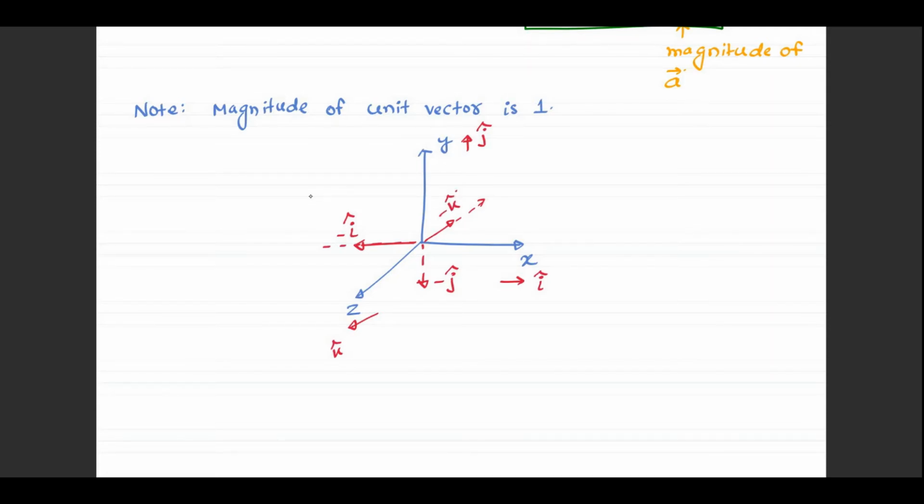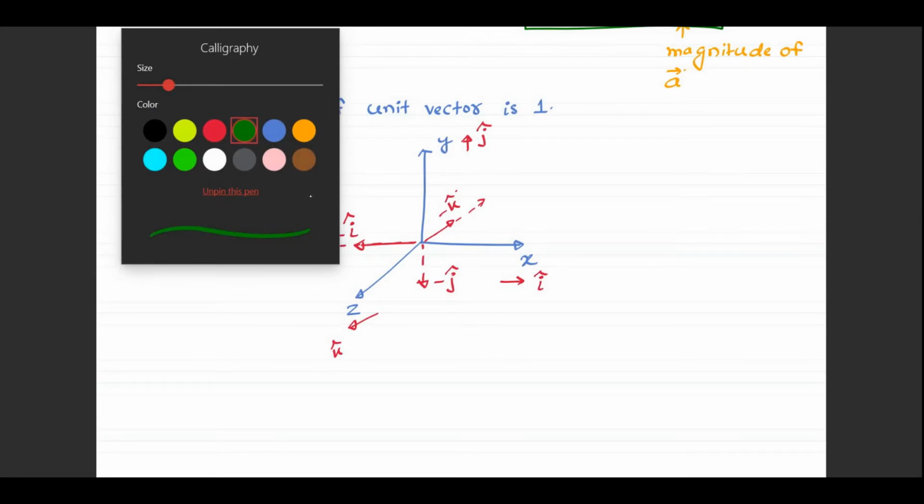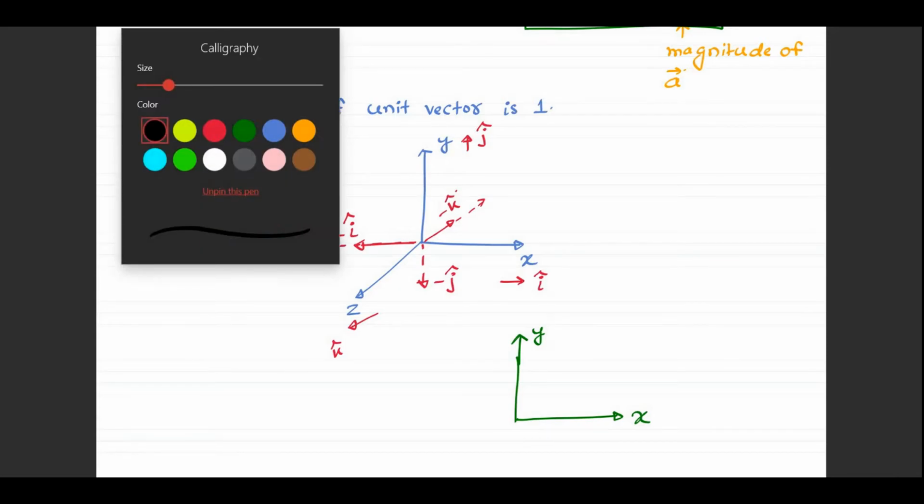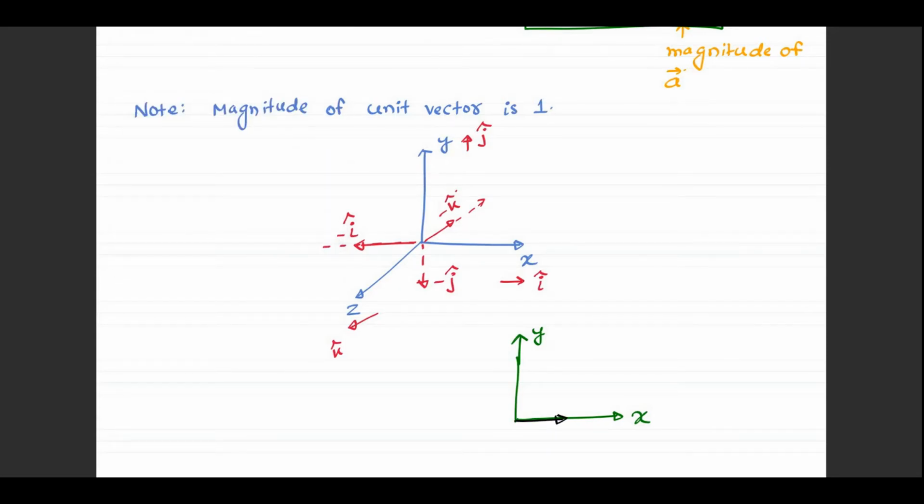Right? What is the significance of this? Please try to understand. Say I have this axis and I want to express this vector of 2 units. So can I say A vector is nothing but magnitude multiplied by unit vector of that direction, so it is 2 i cap.